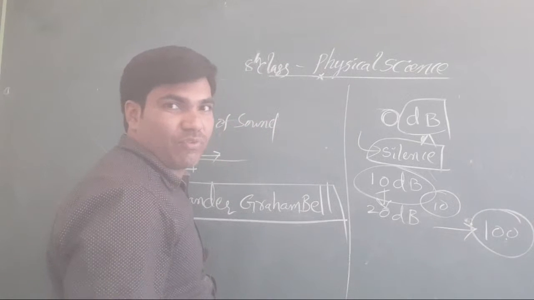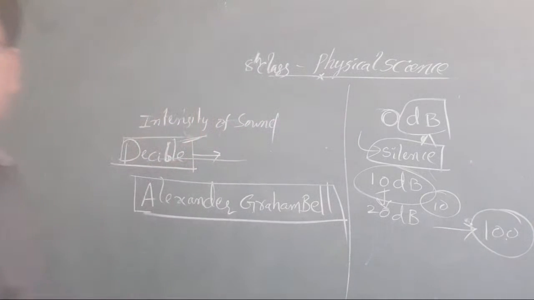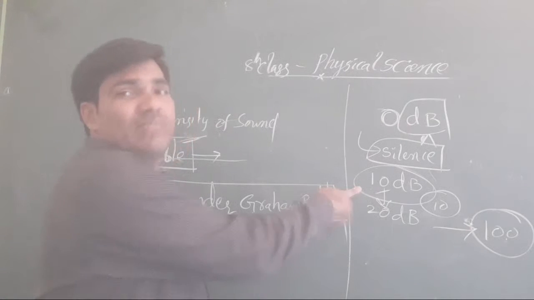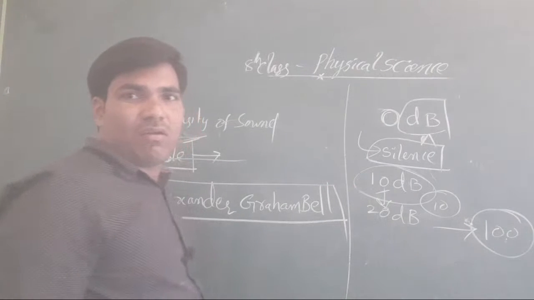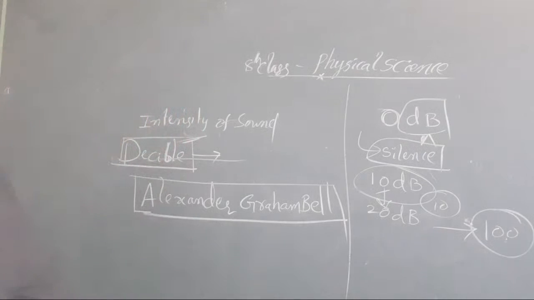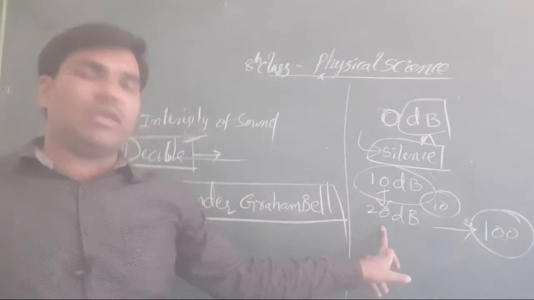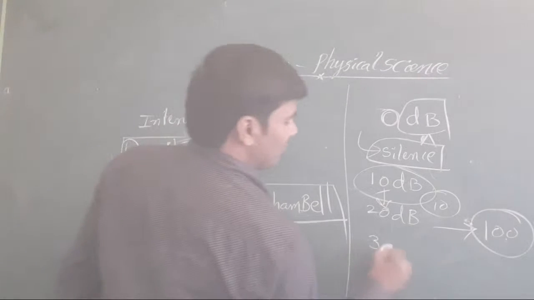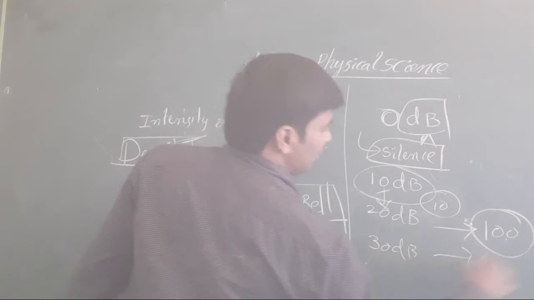Okay, clear or not, all of you? 100 times this 10 decibels becomes 20, and when you take 30 decibels, what does it mean?